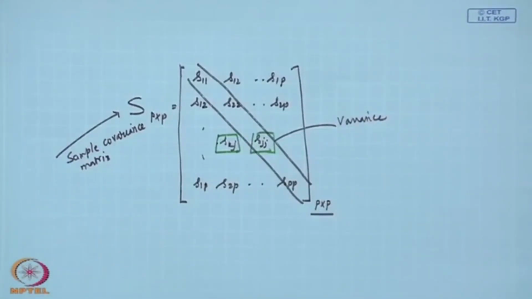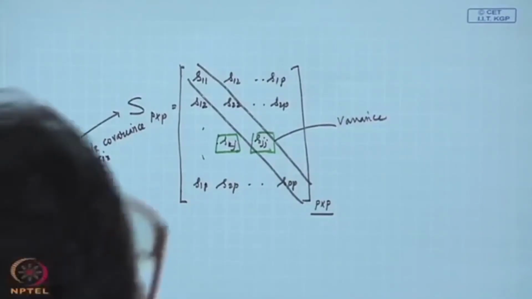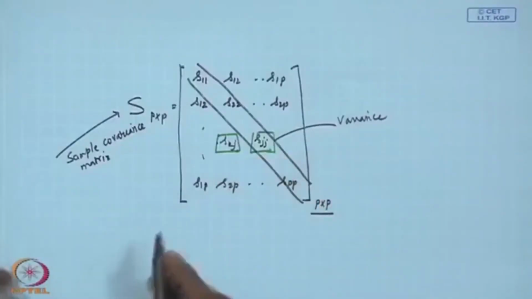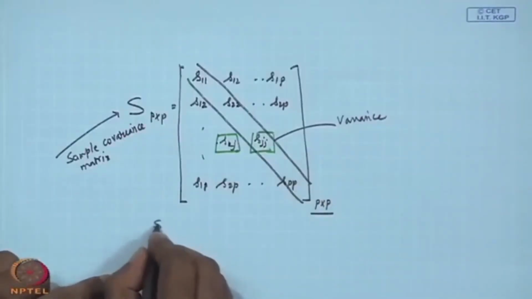Correct. So, you can go by the same manner, the way you have developed the variance computation in the univariate case. So, Sjj, what you will do?